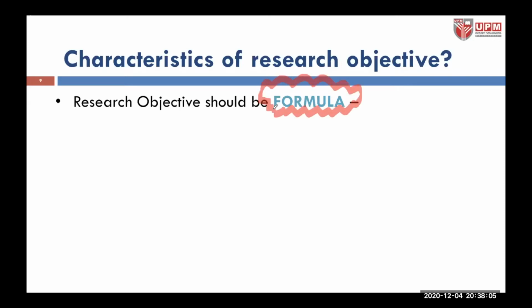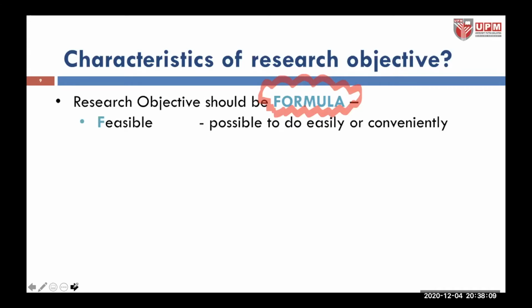What is actually behind the formula? F stands for feasible, meaning that it is possible to do easily or conveniently. This is just how we define an objective, but now what is actually a research objective?